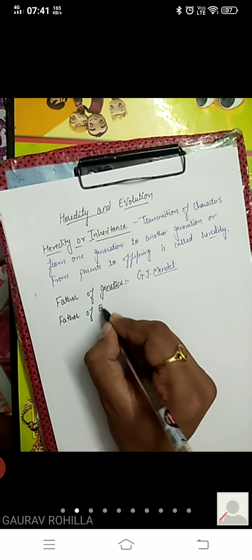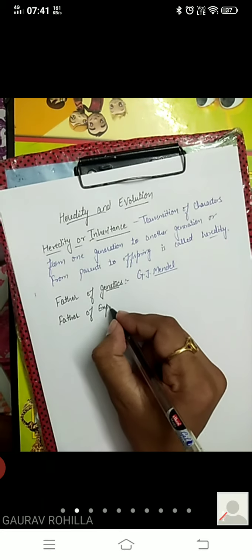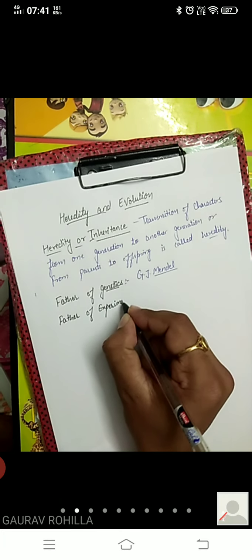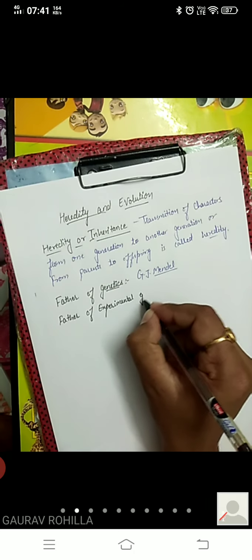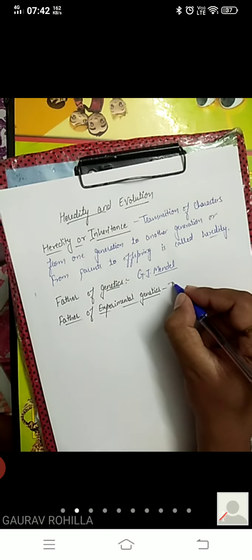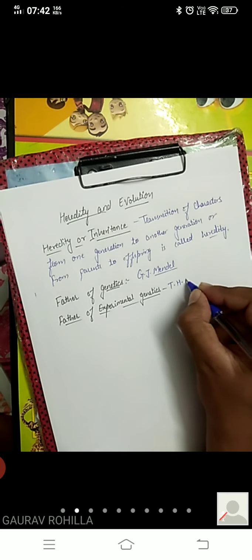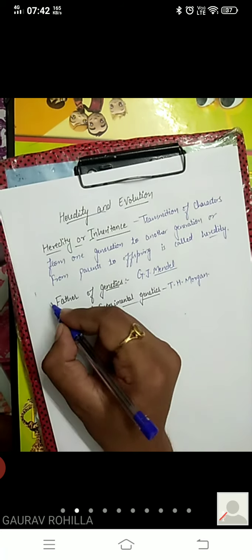The father of experimental genetics is Thomas Hunt Morgan. Here we study about Mendel's contribution.